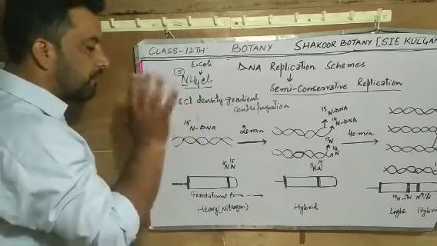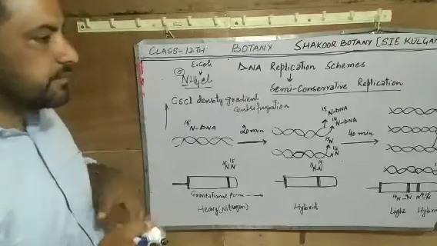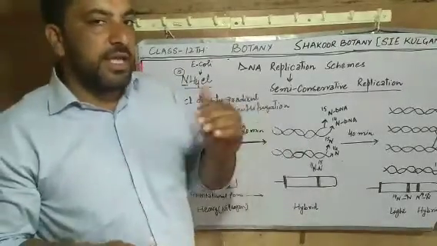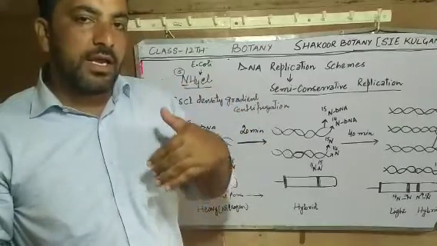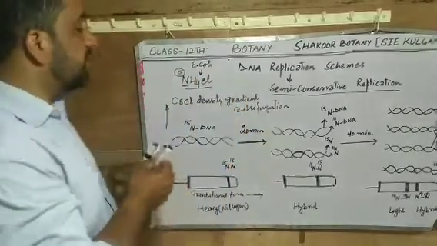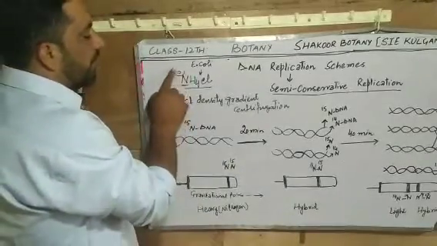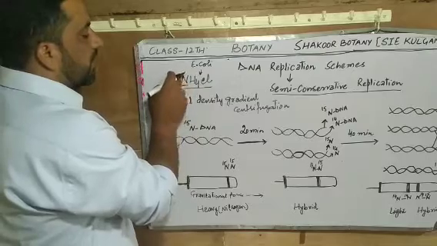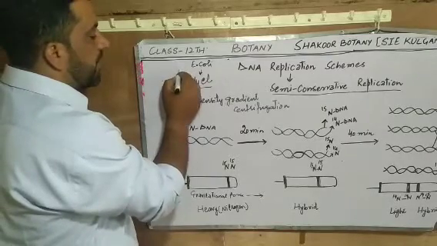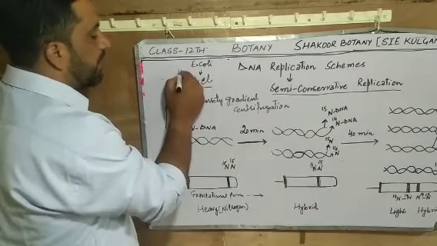After that, they changed the medium. They began to grow this E. coli again on a medium of ammonium chloride, but the ammonium chloride having nitrogen 15 earlier is now replaced with nitrogen 14.